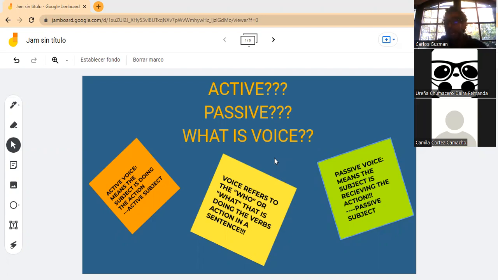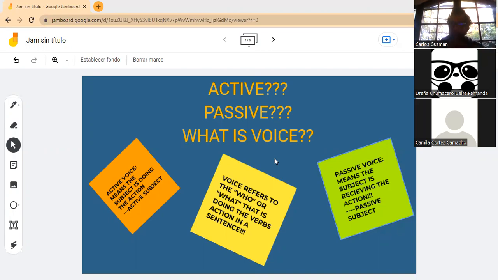I'm doing the action. I'm playing the piano, right? Now that same sentence, I can turn it around and make it into the passive voice. What does that mean? That means the subject in this sentence is going to receive the action.